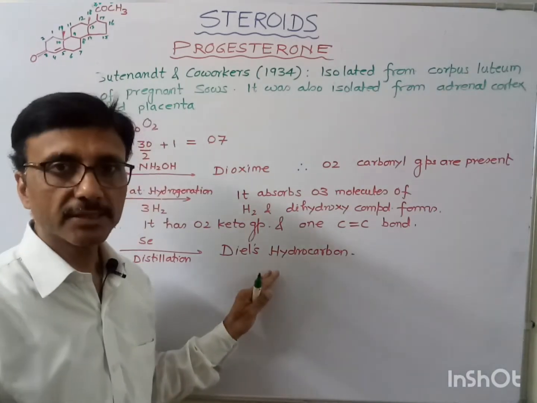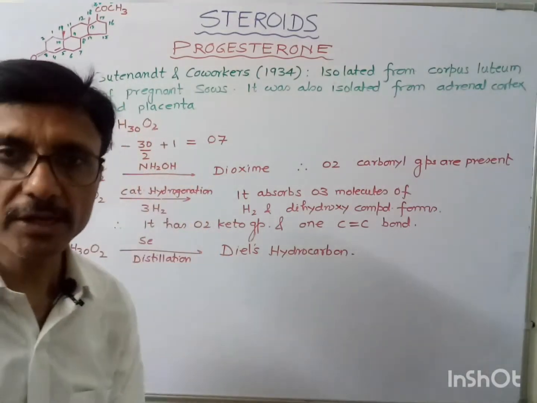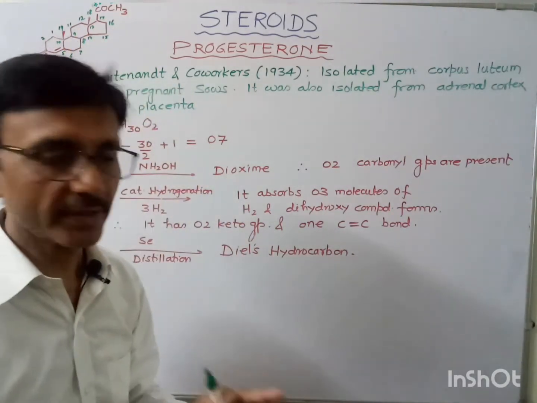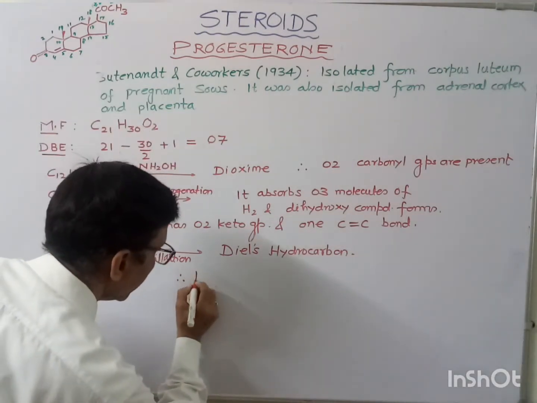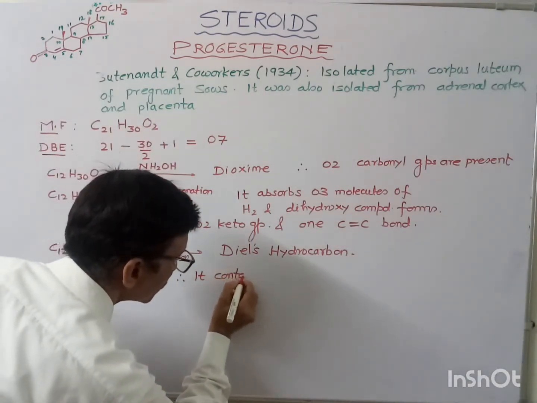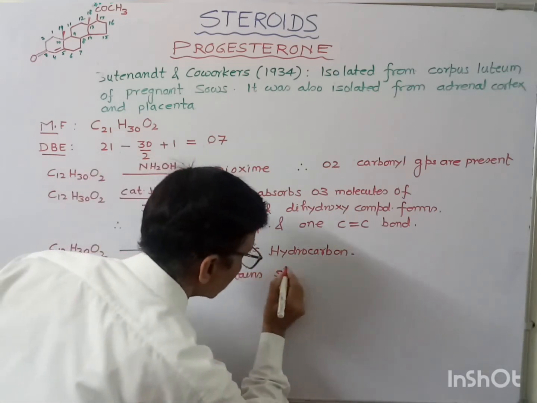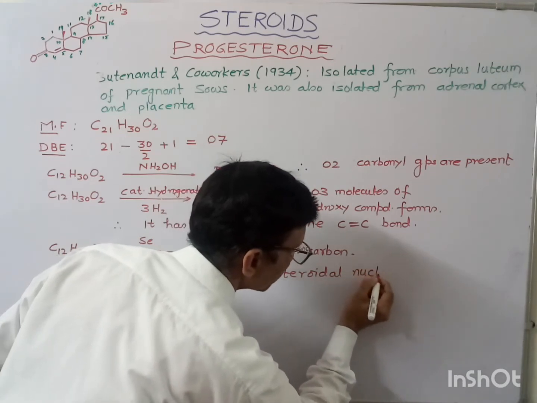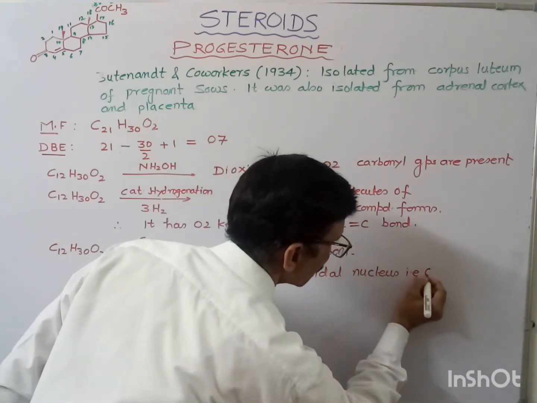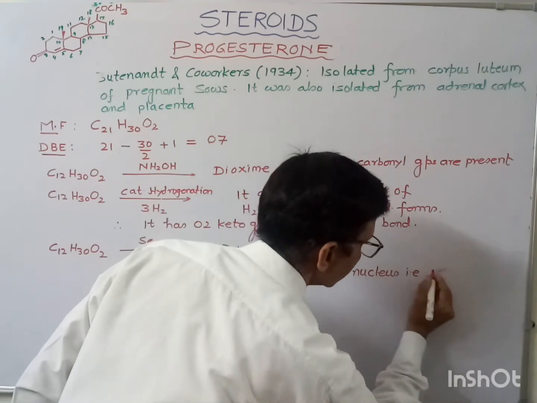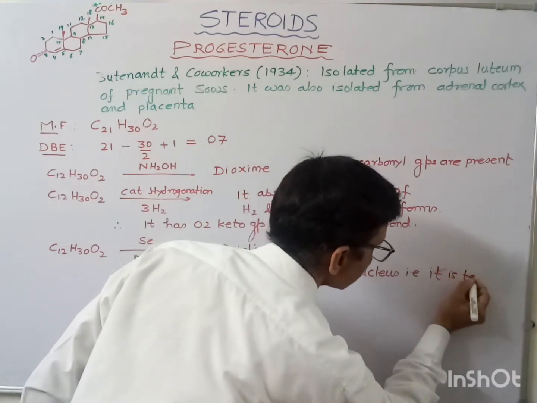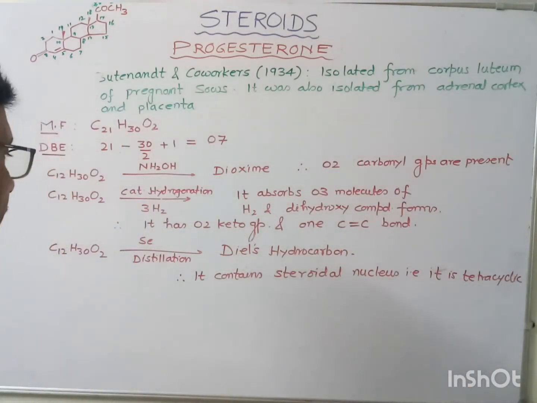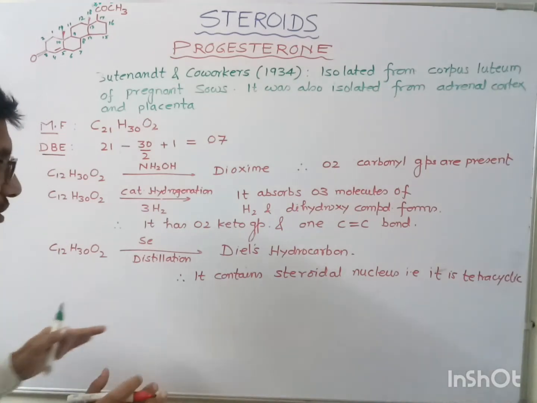It indicates that progesterone contains the steroidal nucleus, that is, it contains 4 rings. That is, it is tetracyclic.